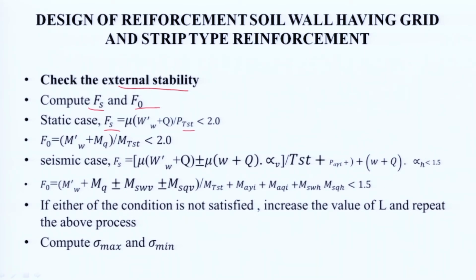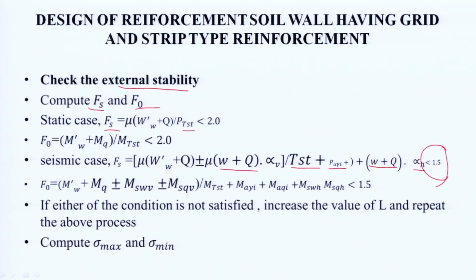Again, for the seismic case, Fs will be equal to mu into (W dash W plus Q plus minus (W plus Q) into alpha V) divided by (PAST plus PAγI plus (W plus Q) into alpha H). After the computation, this should be greater than 1.5.